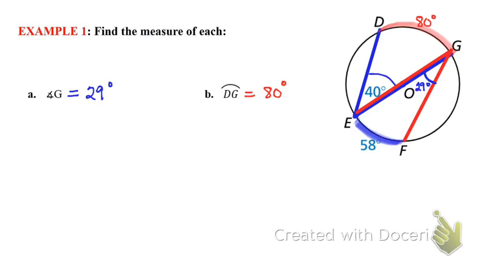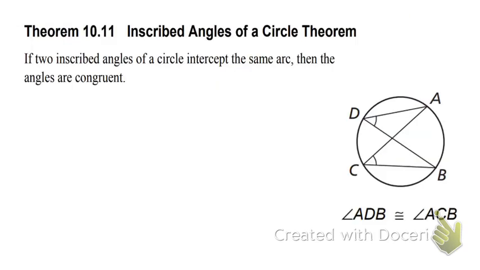All right. So we're going to move on with more interesting information about circles and arcs and angles. The inscribed angle of a circle theorem says if two inscribed angles of a circle intercept the same arc, then the angles are congruent. So you look at angle ADB. If arc AB is 100, then angle ADB is 50.